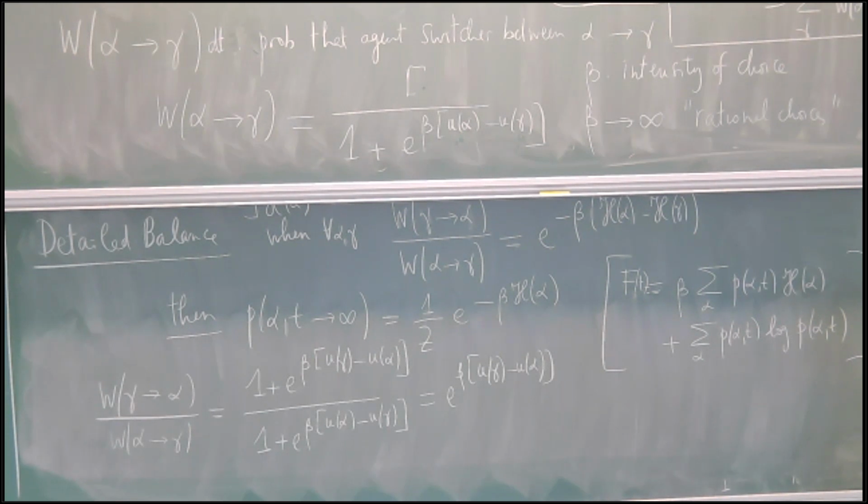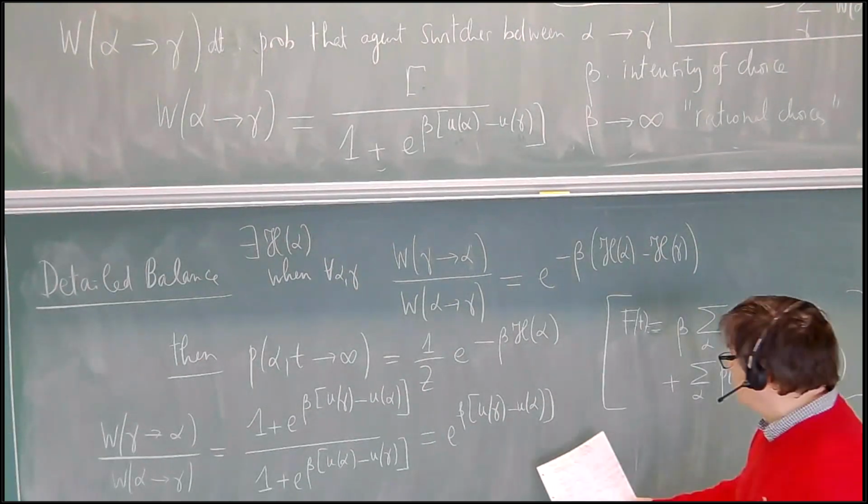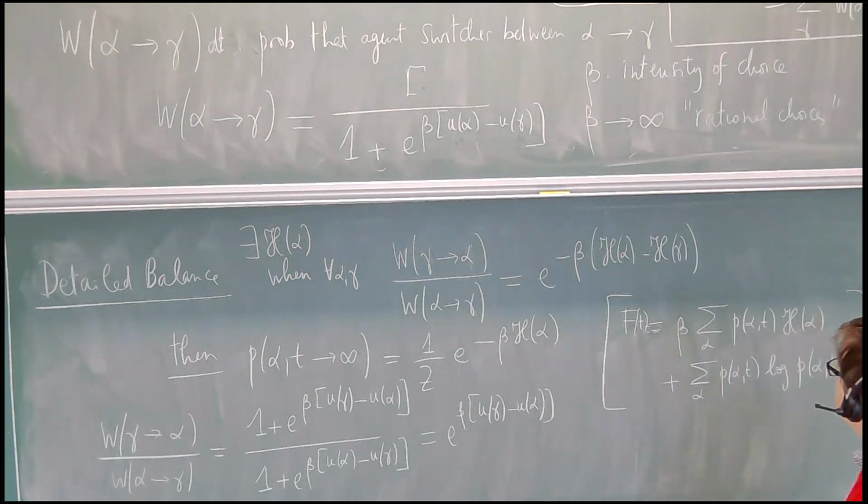So if I compare, so wait, I must have done something wrong here. It's always the same problem with the signs. I want to have that H alpha is minus U, but here it seems that I've got the sign wrong. So what did I say wrong here?